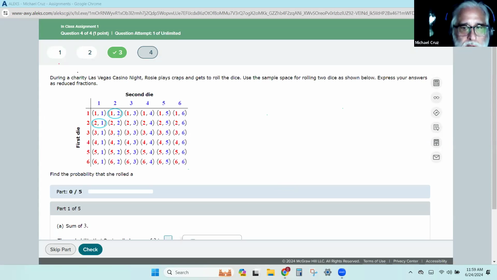So 1 plus 2 is 3. 2 plus 1 is 3. This one's not, because that's 1 plus 1, which is 2. Over here, we got 1 plus 3 is 4. This one would be 5, 6, 7. 4, 5, 6, 7, and 8, and so forth. So there's not going to be any more, because as you go down, you're going to just get larger. See here? 4, 5, 6, 7, 8, 9. 5, 6, 7, 8, 9, and 10, and so forth.